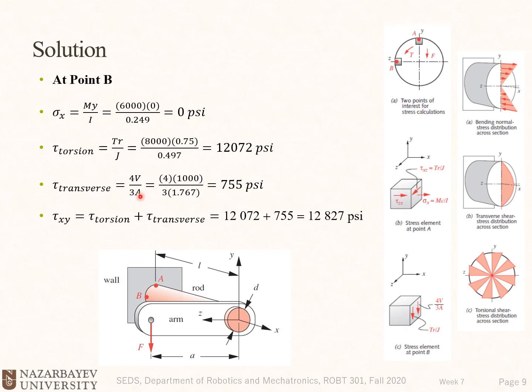So we have A, we have V, and the tau transverse could also be calculated. So the overall tau xz is the summation of the shear stress because of torsion and transverse load.